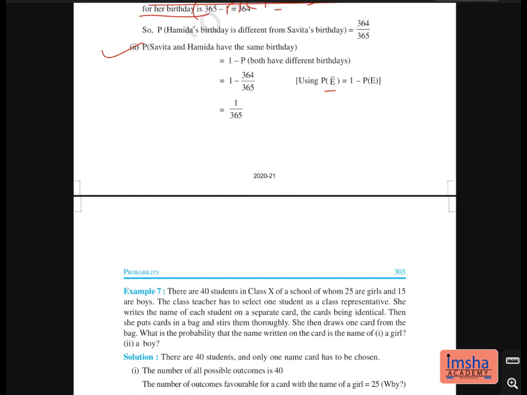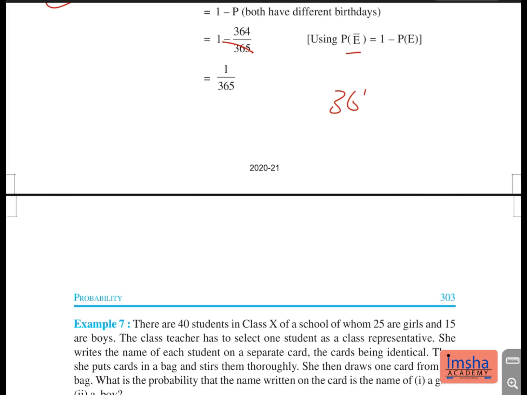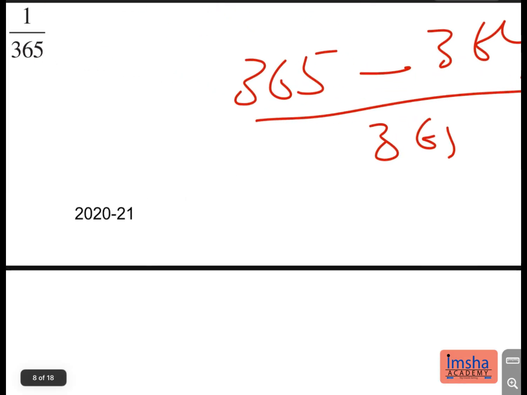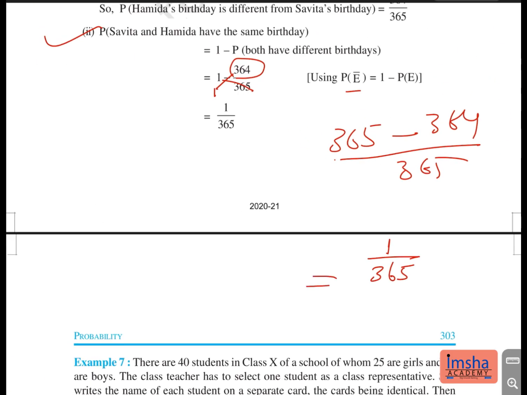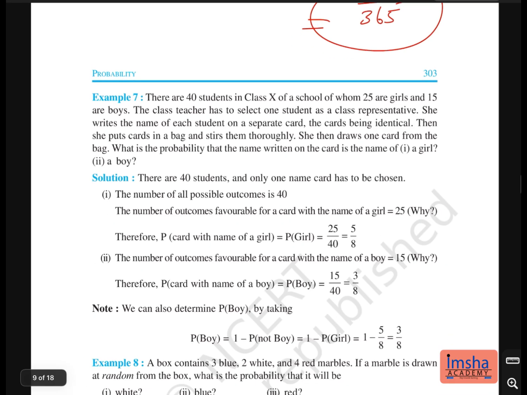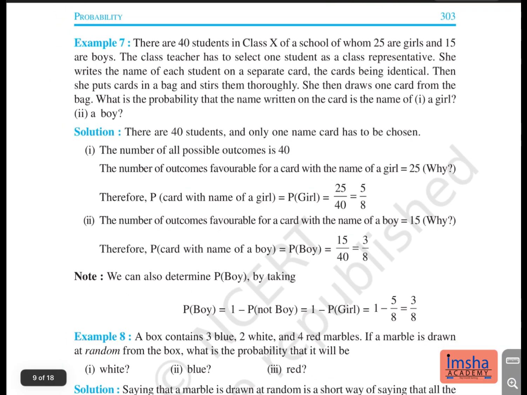See here, 1 into 365 is 365, minus 364 into 1, which is 364, divided by 365. So the answer will be 365 minus 364, which is 1. 1 divided by 365 is the answer. I hope it is clear. Moving to the next question.